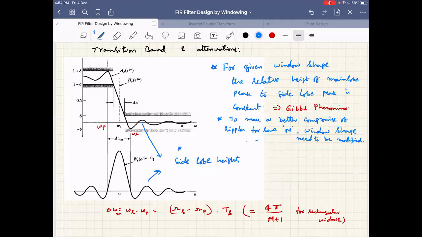This third point, side lobe heights are proportional to ripples.